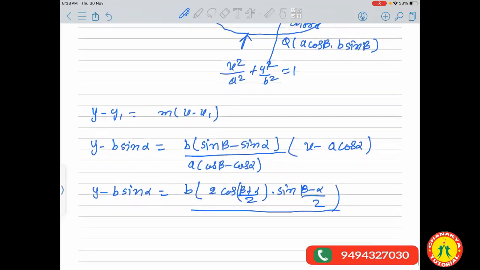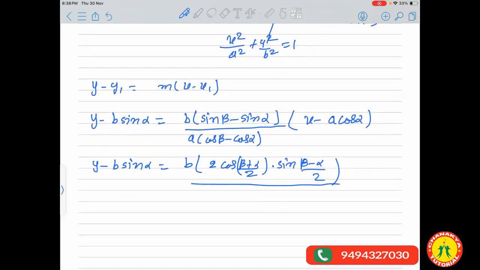And cos C minus cos D is minus 2 times sin of (alpha plus beta) by 2 and into sin of (beta minus alpha) by 2, or (alpha minus beta) by 2.